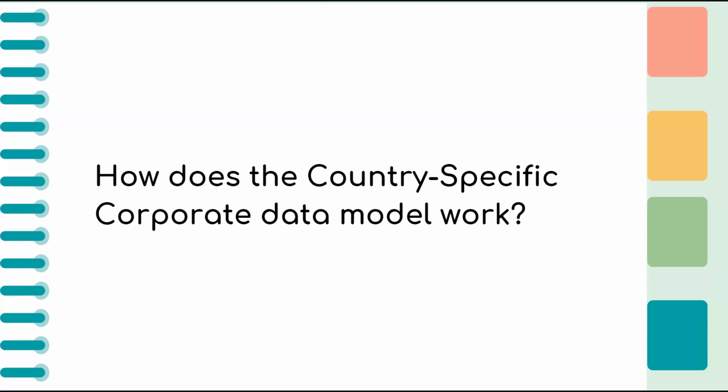You are right. Basically, for the country-specific corporate data model, you have to talk only about job-related information. Whenever you are giving an example, it has to be job, organization, or job specific. If it's specific to the person, then it will go to the country-specific succession data model.